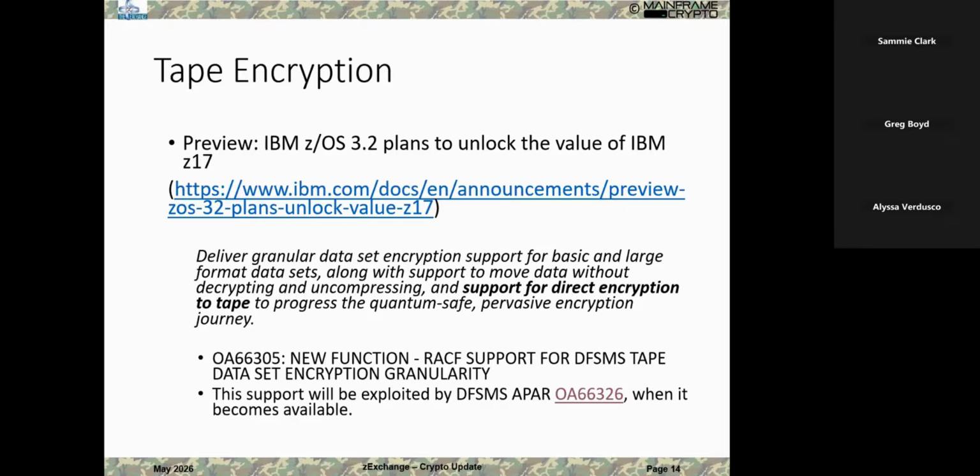But he said, we understand that you've probably got a lot of tape data out there, and some of that is PII data that needs to be protected, and we understand the requirement. He didn't commit to doing anything about it, but he at least acknowledged that, yeah, tape encryption is probably important to some people.